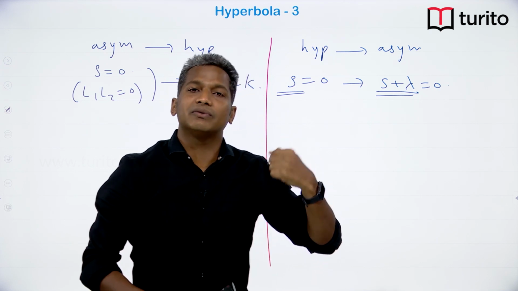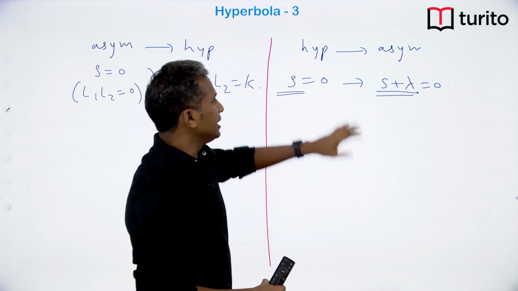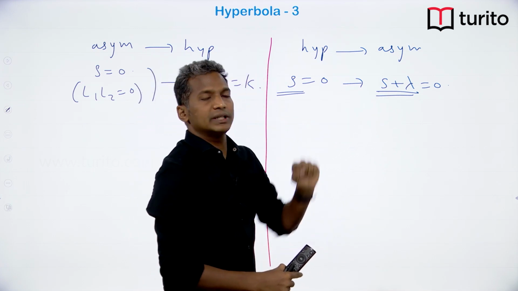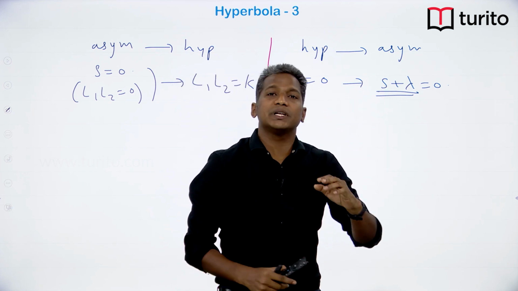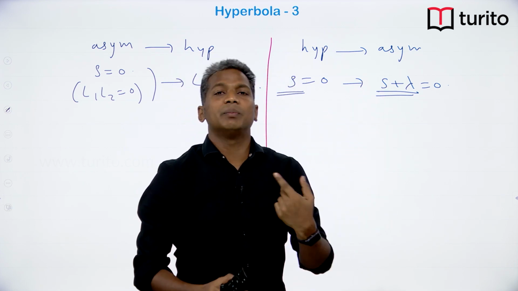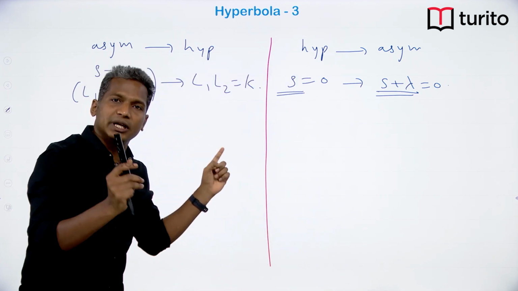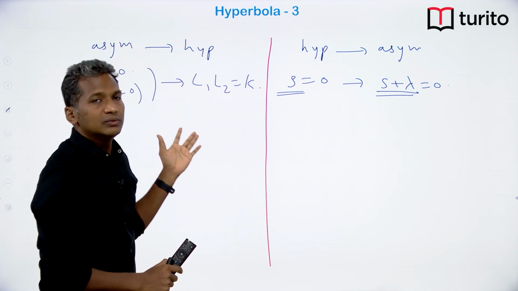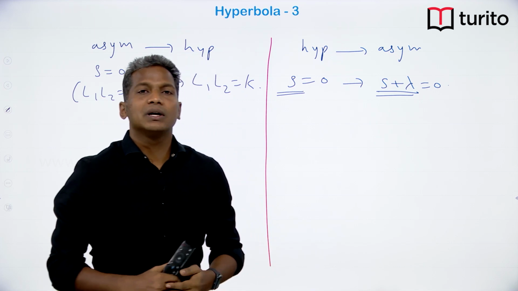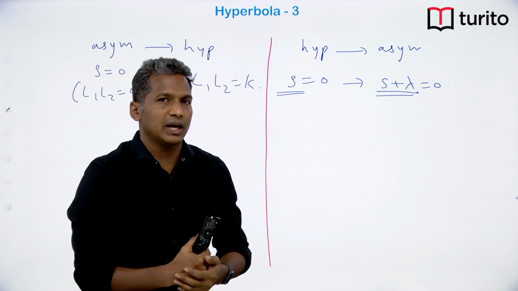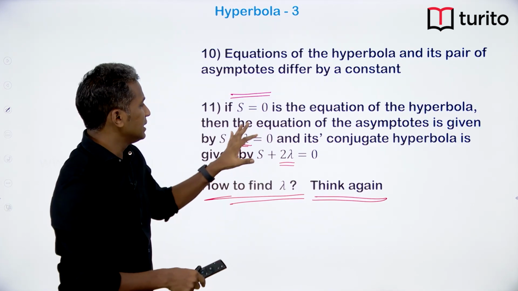That lambda is the value that we generally calculate. We make sure that S plus lambda represents a pair of straight lines, and from that idea we will derive lambda. But if we want to derive the constant in the other case, we have to substitute the given information, that is the extra data point, and from that we will get the value of k or lambda. So, this way we can solve the problems using this idea.